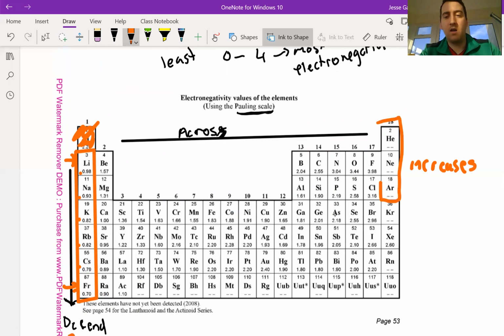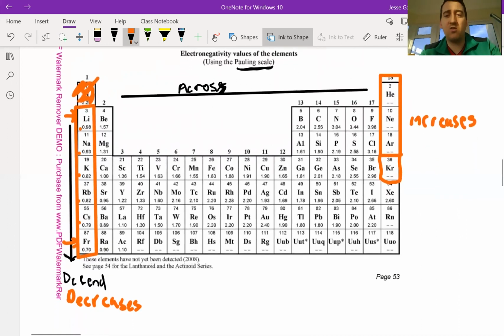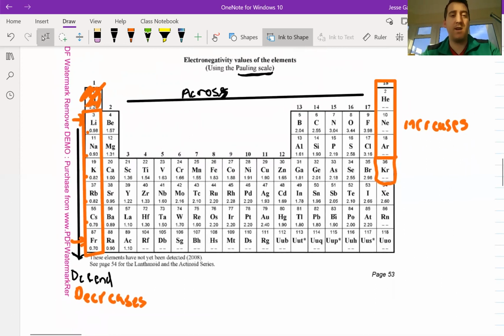Now, note helium, argon, and neon: there are no values on the Pauling scale for electronegativities for these three elements, krypton as well. Why is that? The reason is they don't do any bonding, so you can't measure their electronegativity. They don't have affinity for electrons. This is because they have the noble gas electron configuration, and they are highly stable.